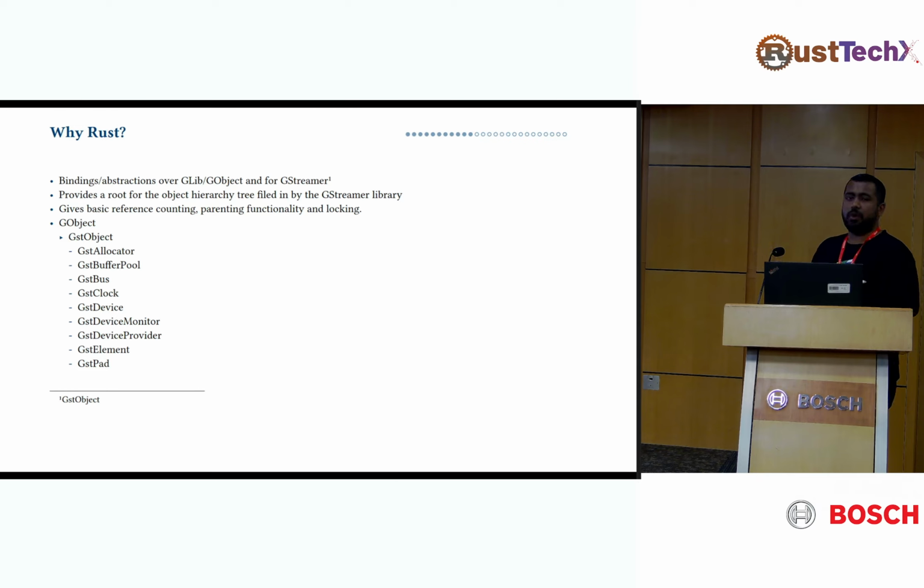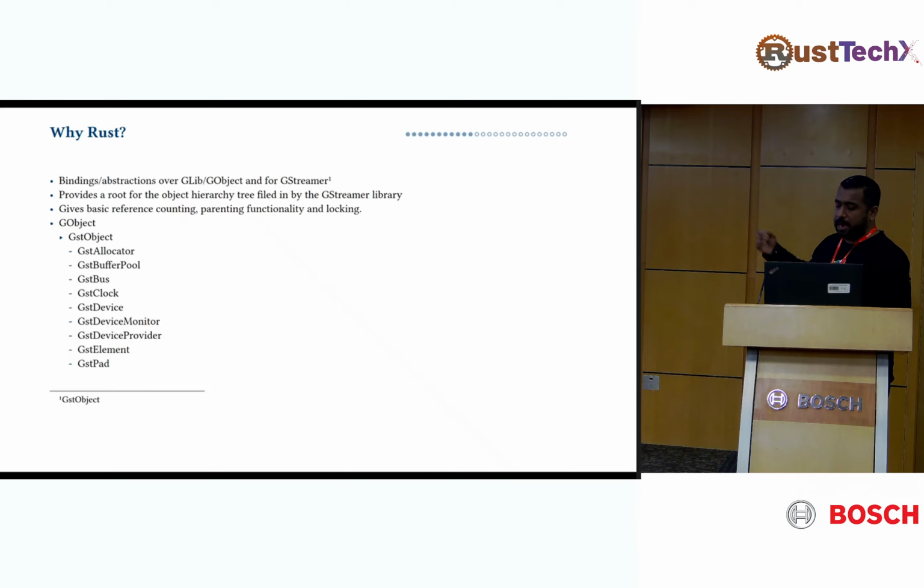GObject is a way to have an object hierarchy model within C, to have object-oriented programming capabilities within the C world, without resorting to C++. So we have the object hierarchy that we saw when I showed you the gst-inspect output. That's where this comes in. It starts from GObject at the top as the parent, and then all the elements or blocks that you build are going to derive from that.